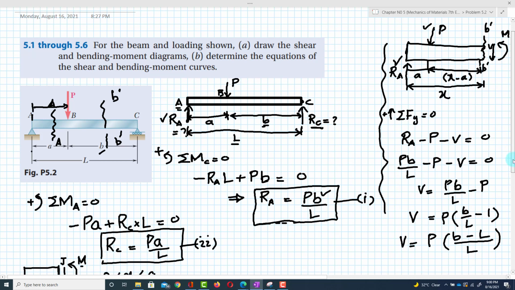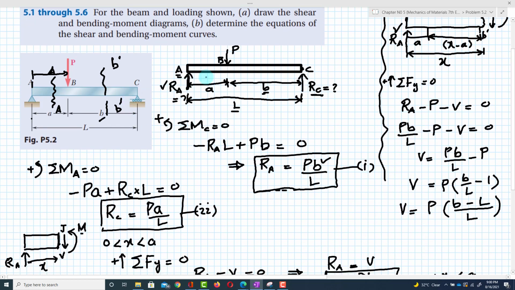Now if you look over here, you can see that L is equal to A plus B. Clear? Then B is equal to L minus A.